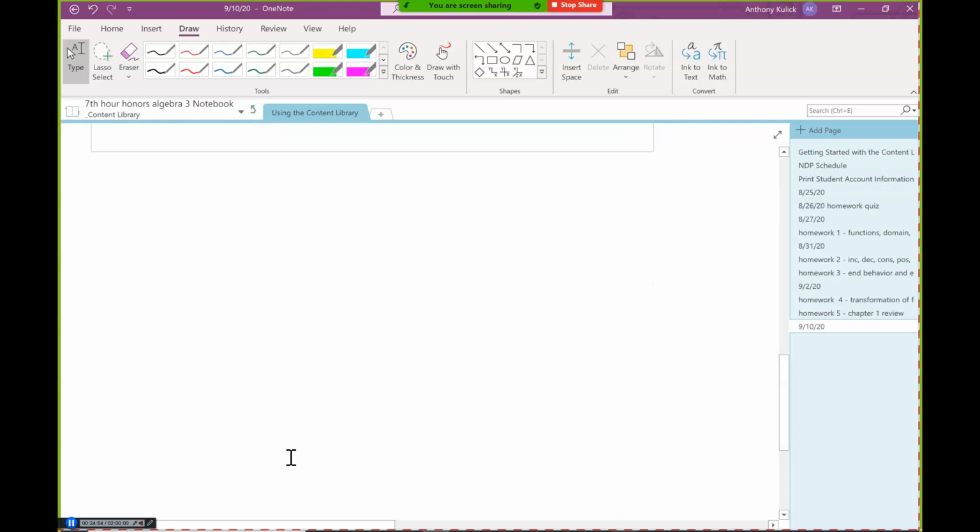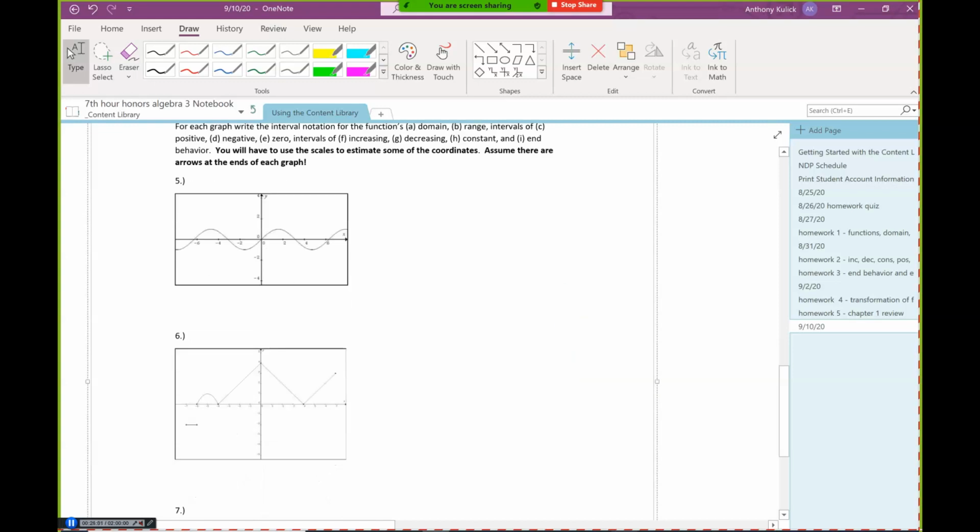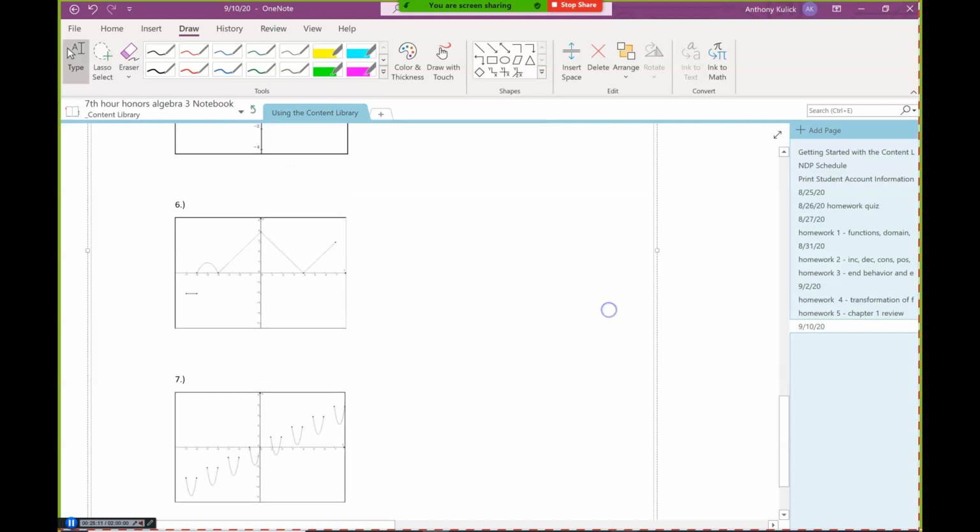The end behavior should describe what the arrows at the end of the graph are doing, right? So if I look at 6, do I have arrows at the end of the graph? No, the graph ends. So is there any end behavior? No. So there's nothing to do for 6. If I look at 7, are there arrows at the end? No, the graph just stops. Is there end behavior to do? No. So you can't do it there.